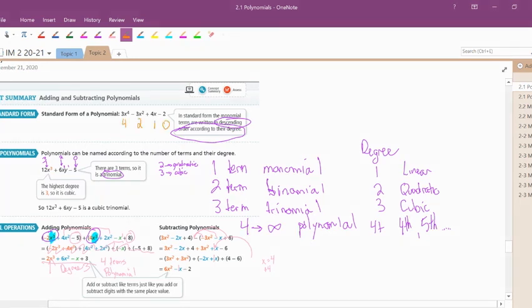And again, like we saw, they can be named according to the number of terms and the degree. Number of terms, we have 1 term, it's a monomial, 2 terms, binomial, 3 terms, trinomial, and 4 and up is a polynomial. Degrees, 1 is linear, 2 is quadratic, 3 is cubic, and again, 4 and plus is just 4th, 5th, 6th degree, so nothing fancy. So really, you gotta memorize these 6 things.